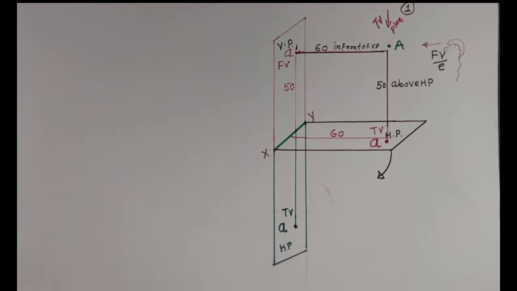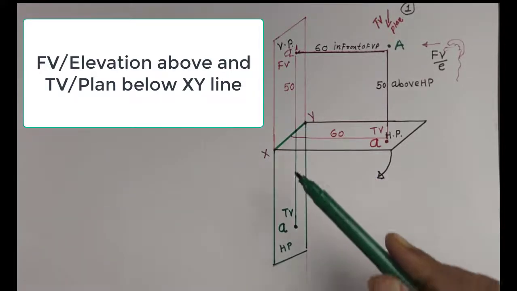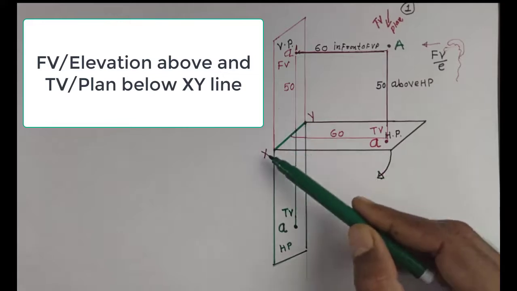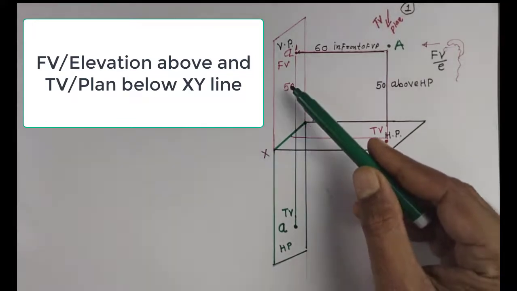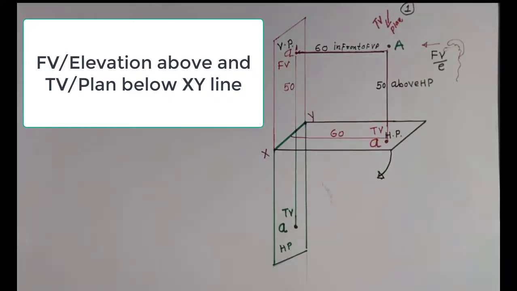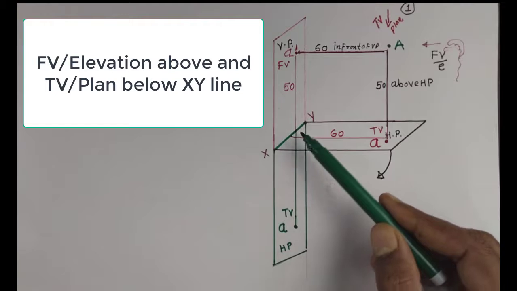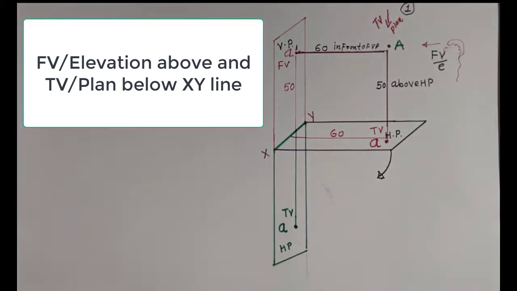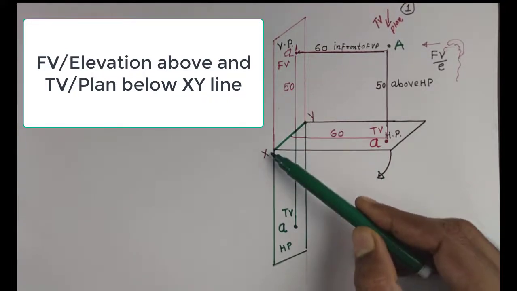So in the first angle system, the VP plane is always above the XY line, and the HP plane is below the XY line. In the VP plane, we have the elevation.